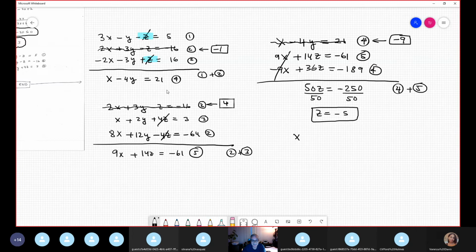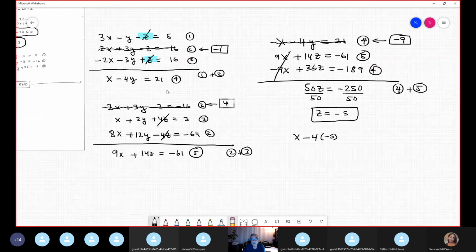So I copy x minus 4 multiplied by negative 5, because you replace this y. Oh, no, let me see, I made a mistake. Oh, yes, I made a mistake. Look, this is y.